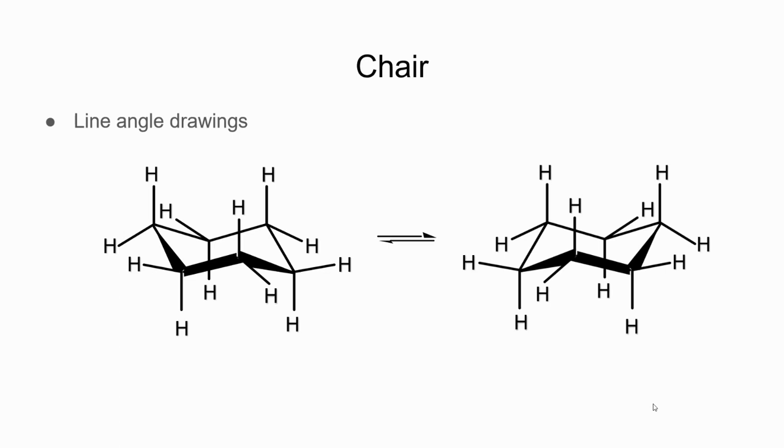The chair conformations are really comprised of three sets of parallel lines. The first set of parallel lines is a little bit off from horizontal. These first two lines are not horizontal. In fact, they're slanted down and they're a little offset.